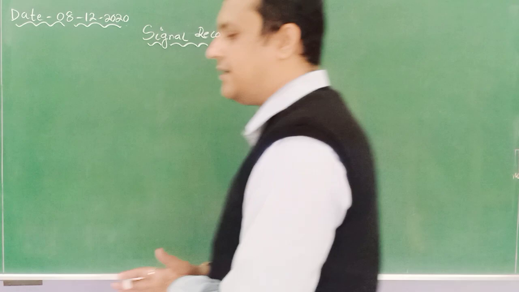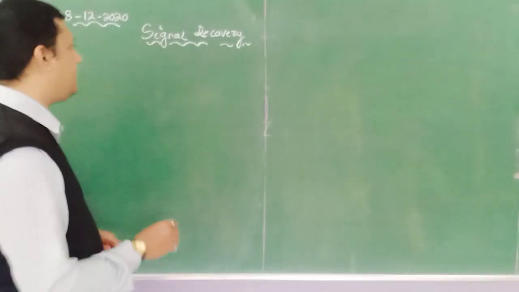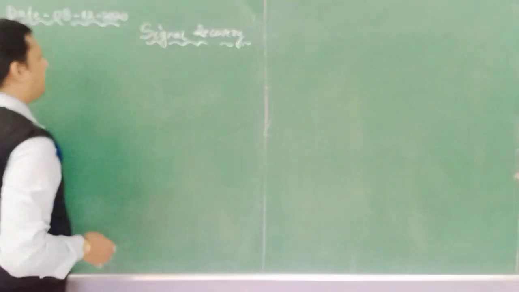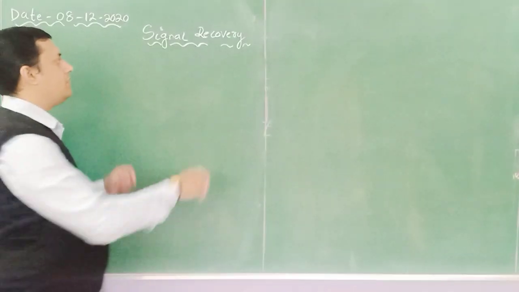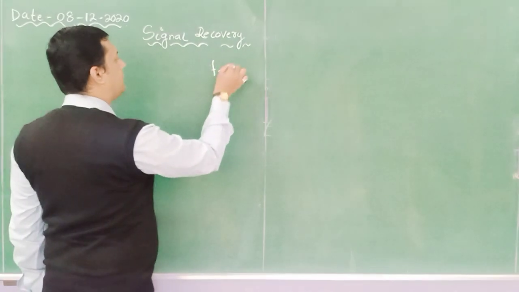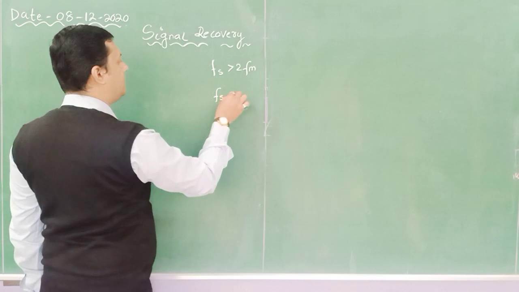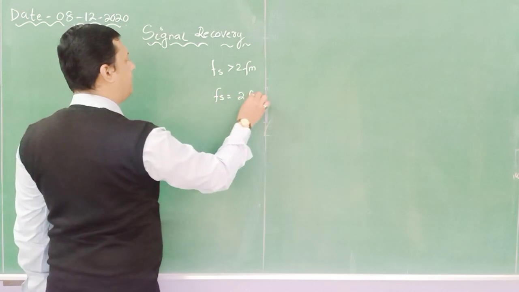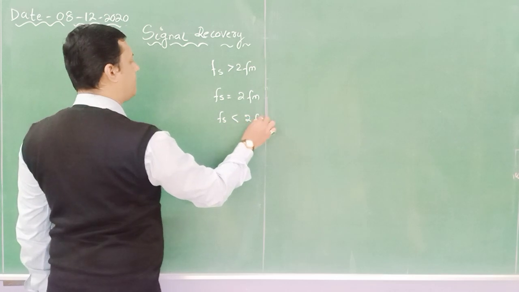Okay. So last class we discussed instantaneous sampling, and we have seen different spectrums for Fs greater than 2 Fm, Fs equal to 2 Fm, and Fs less than 2 Fm.